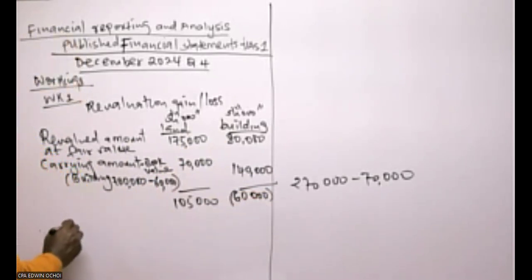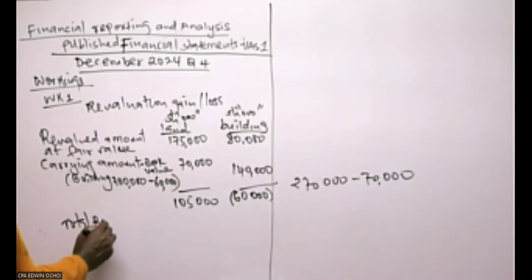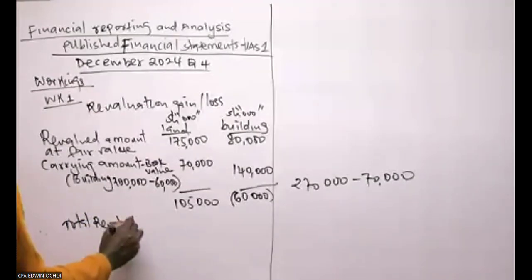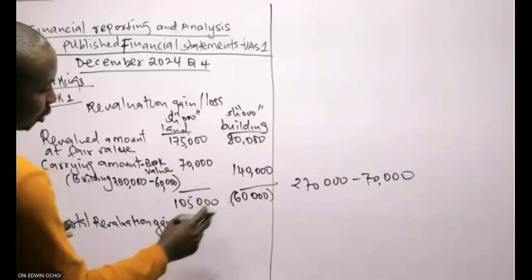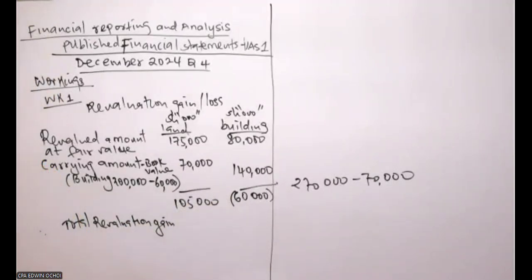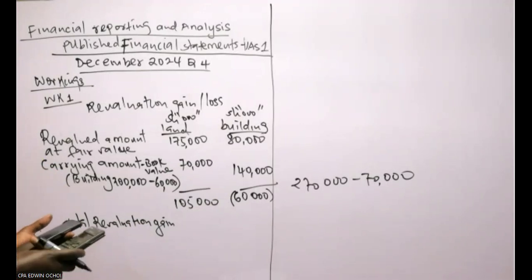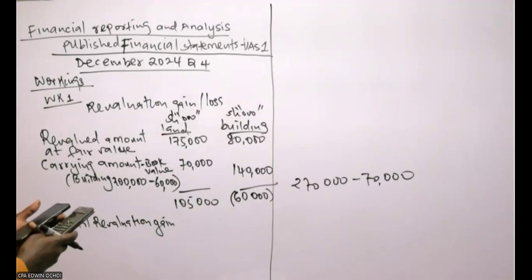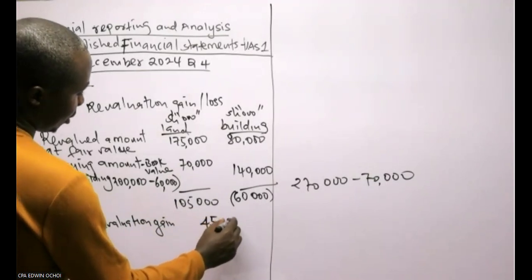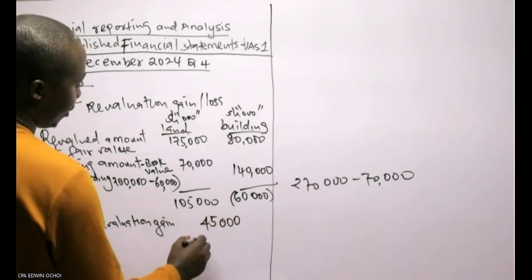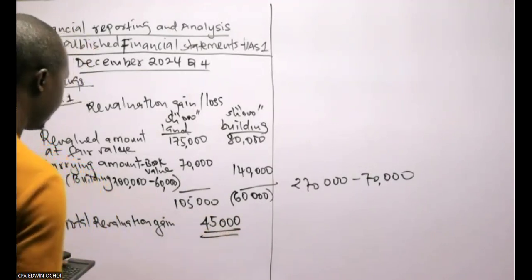So that means the total revaluation gain will be, because we have a gain of 105 and a loss of 60, a revaluation gain of 45,000.